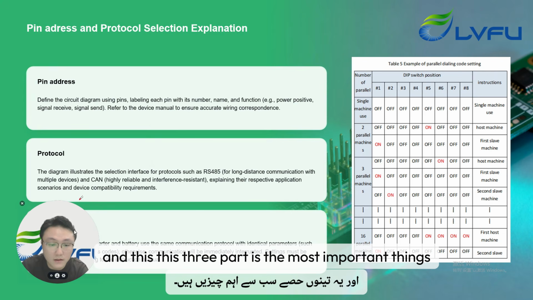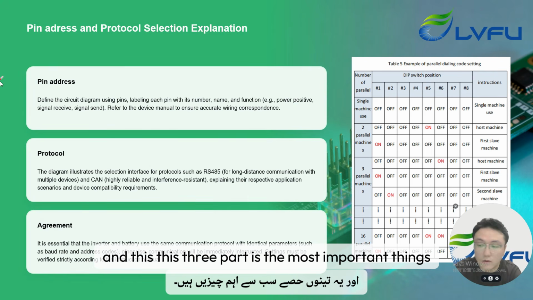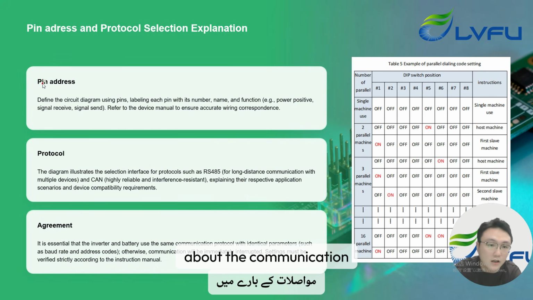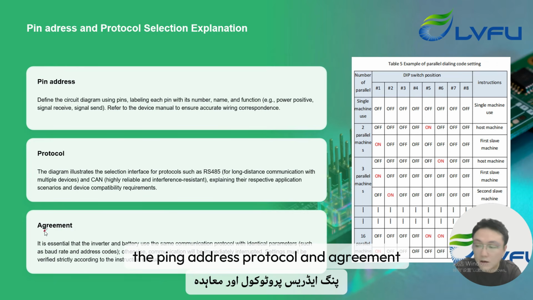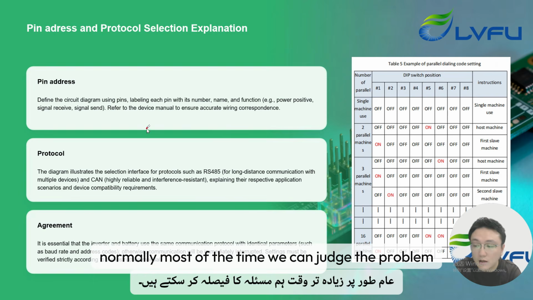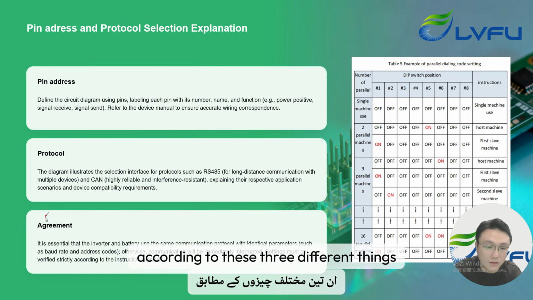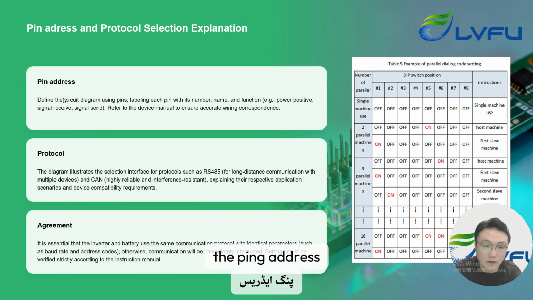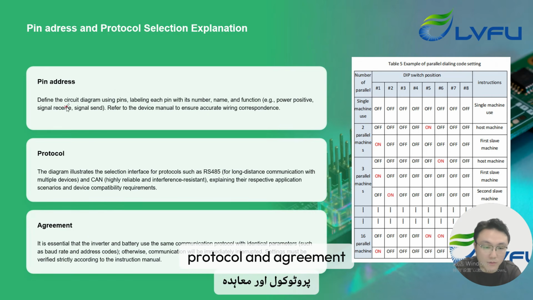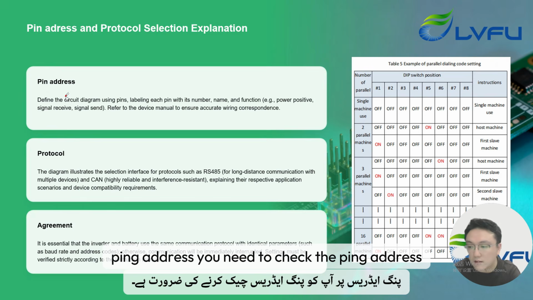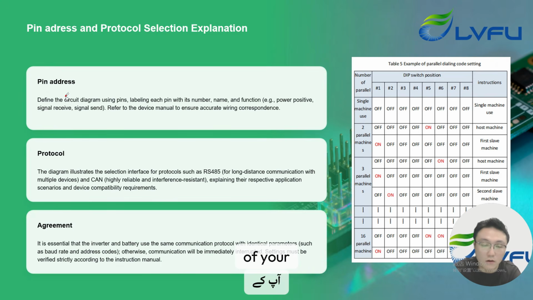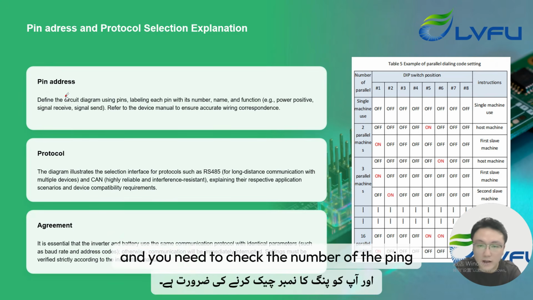These 3 parts are the most important things about the communication: the pin address, protocol, and agreement. Most of the time we can judge the problem according to these 3 things. For the pin address, you need to check the pin address of your quick style head, and check the number of the pin.